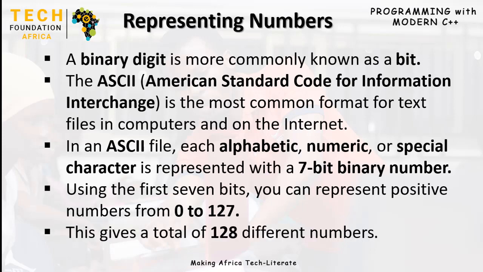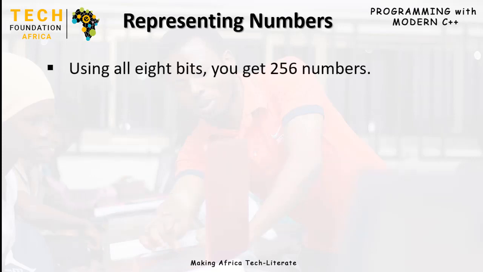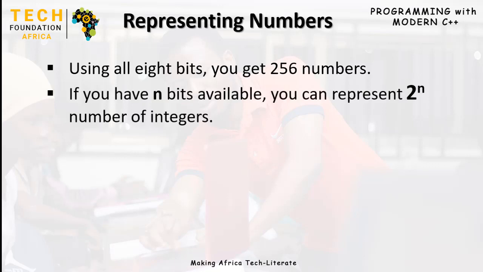Using the first 7 bits, you can represent positive numbers from 0 up to 127, which will give you a total of 128 different numbers. Now, using all 8 bits, you can get a total of 256 numbers. In general, if you have n bits available, you can represent 2 raised to the power n integers with positive values, from 0 up to 2^n minus 1.